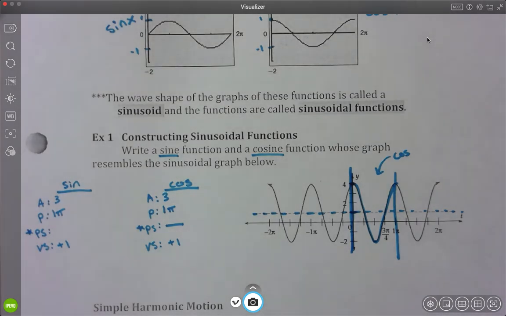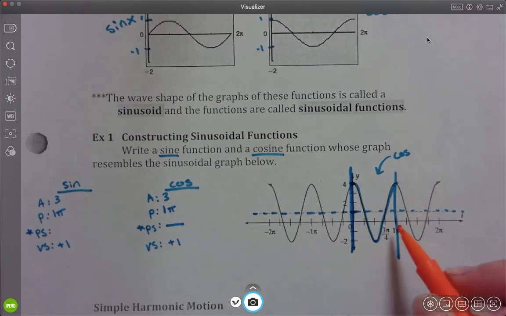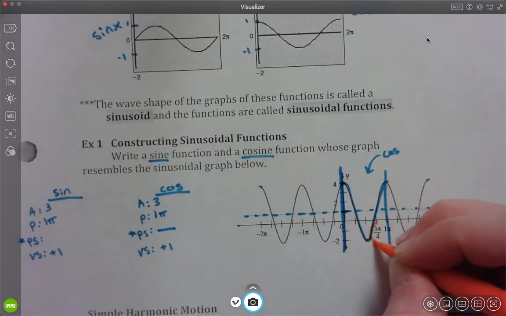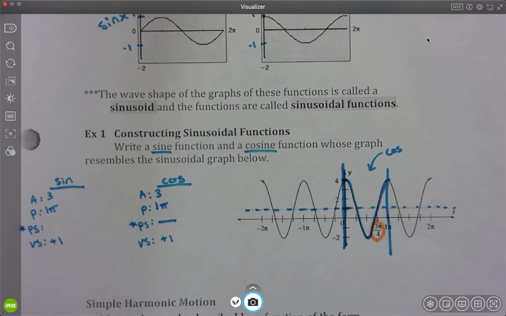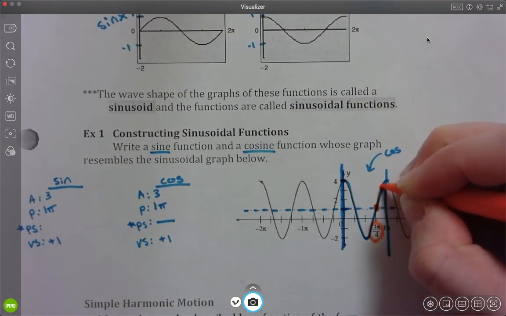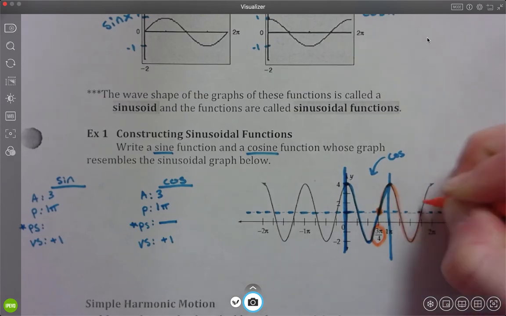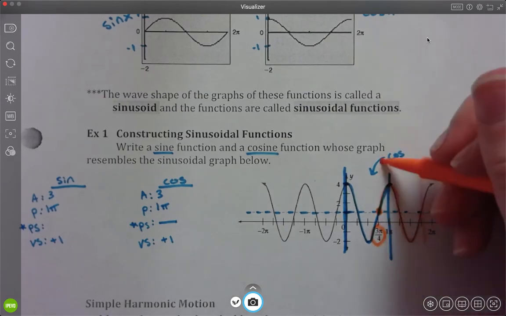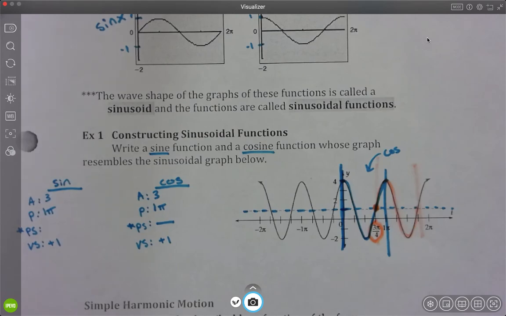I look at this little graph and see that 3 pi over 4 is listed there. What they're trying to get us to identify is that sine's first period goes from 3 pi over 4 to this point. So this is what the graph of the sine function will look like.